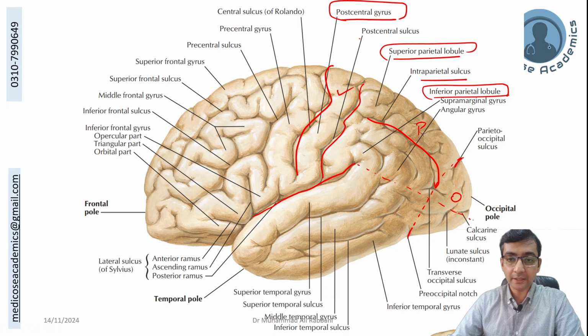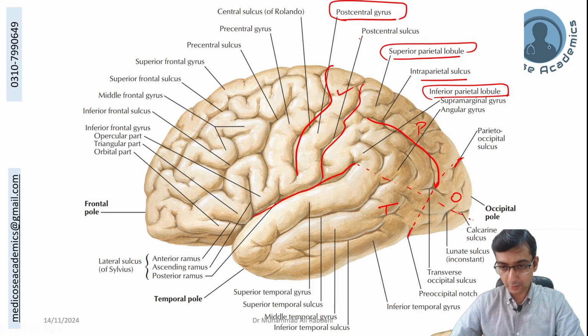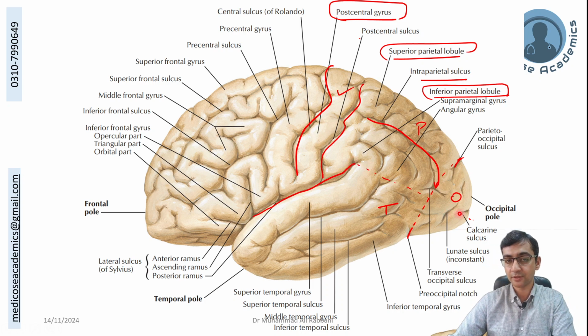So this demarcates the temporal lobe. So I can erase this part. So this is now the occipital pole, parietal lobe and temporal lobe. This line is made by joining the parieto-occipital sulcus with the occipital notch, and this line is made by joining the posterior end of the lateral sulcus with the occipital pole.